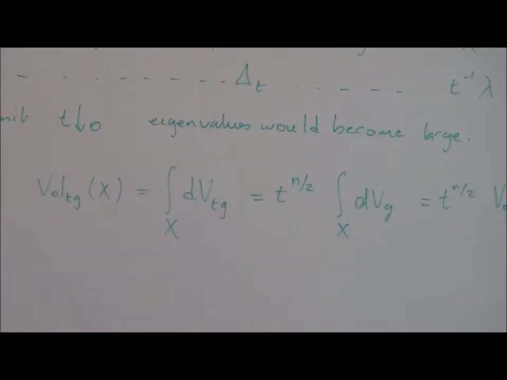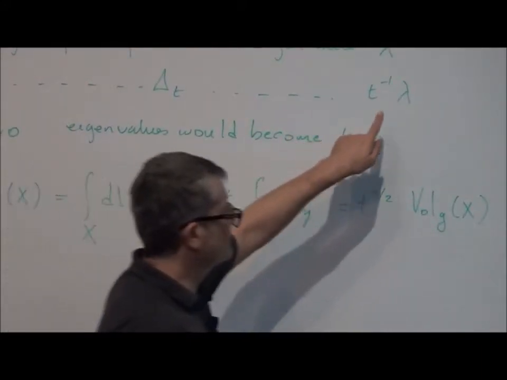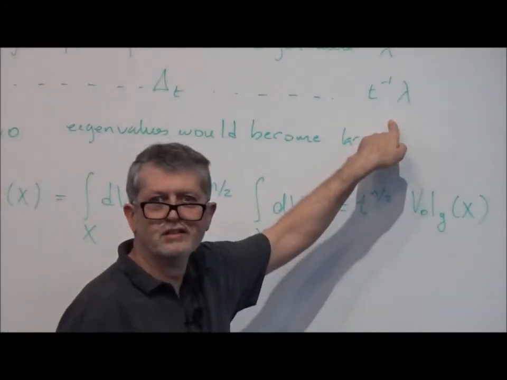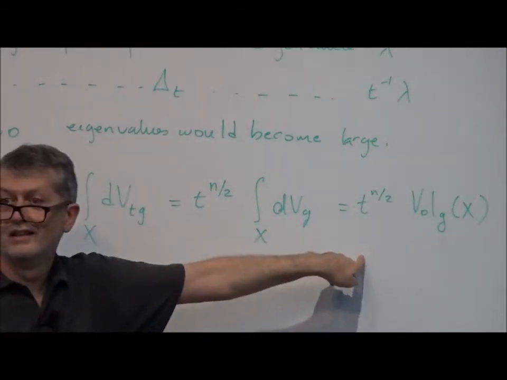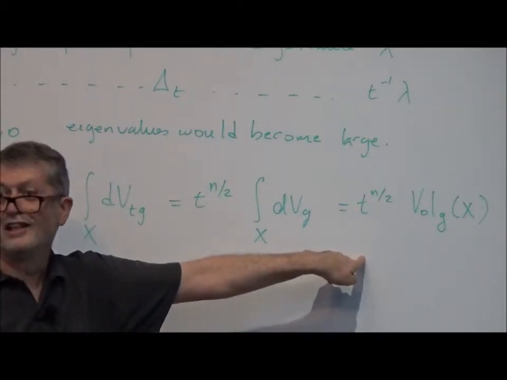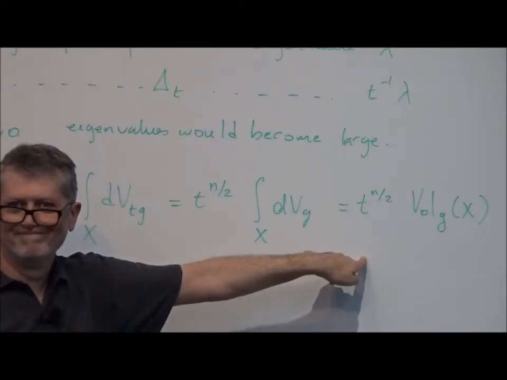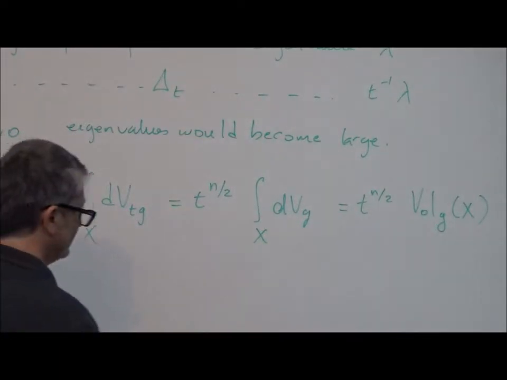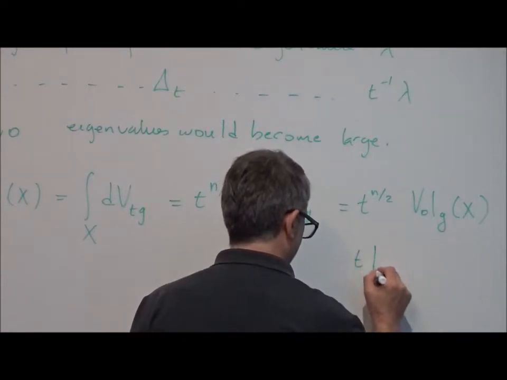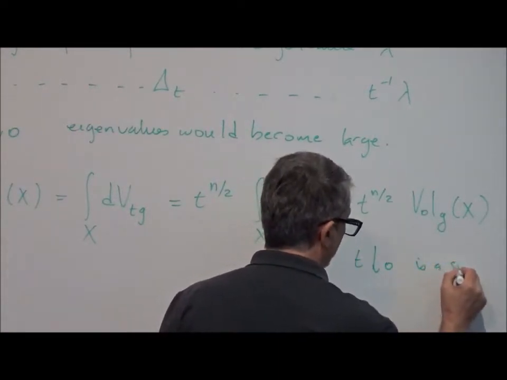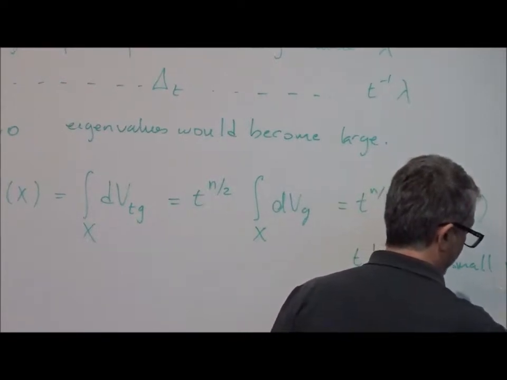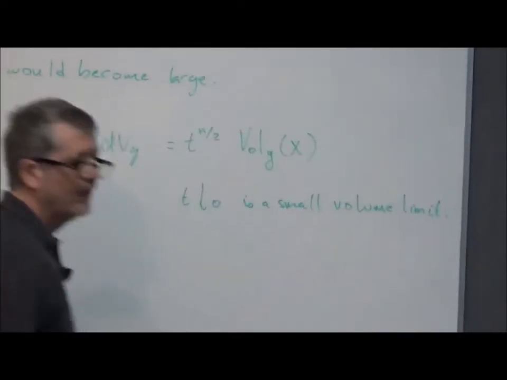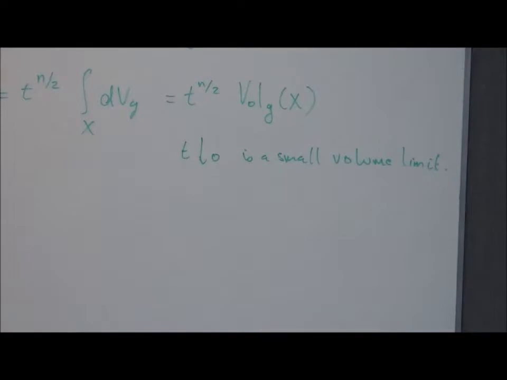So if I'm trying to make my eigenvalues become really large, at the same time, I'm trying to make my volume become really small. All right? So there you go. So t to 0 is a small volume limit. And this is useful and restrictive.